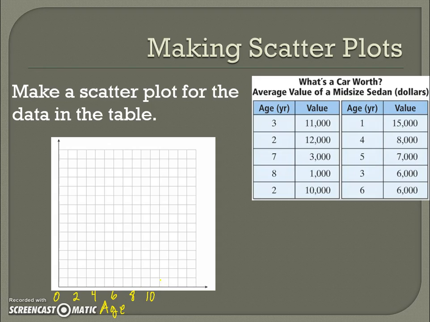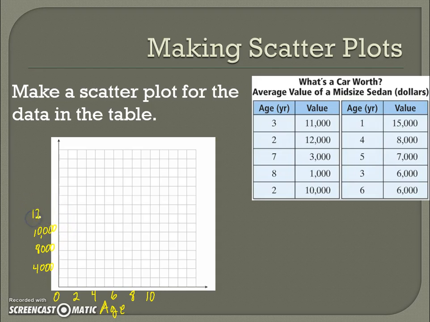And then the amount that the value is for each car, let's see, I'm going to go up by 2,000s. So we'll say that's 0, 2,000. We'll call this 4,000. We'll call that one 8 and 10. And let's keep going.